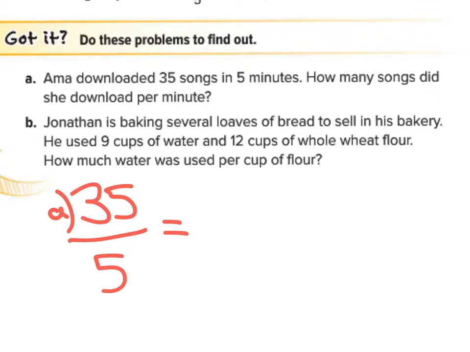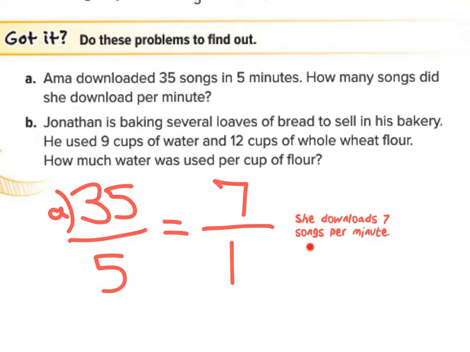Well, I know that I have 1 at the bottom, and 5 times a number is 35. 5 times 7. Oops, I shouldn't have written a 5 there. 5 times, only 1 5 there, and on top we have 7 of them. So 35 divided by 5 is 7, and 5 divided by 5 is 1. So she downloads 7 songs per minute.